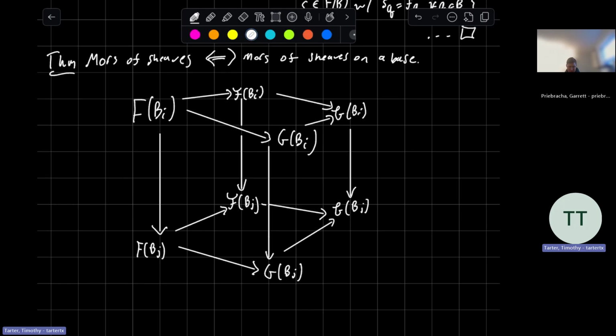Okay, there we go. Then basically this commutes. This commutes nicely. And then phi 1, phi 2, phi 3, and phi 4 are isomorphisms.